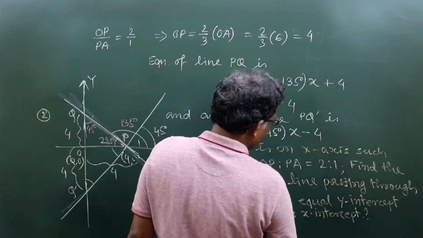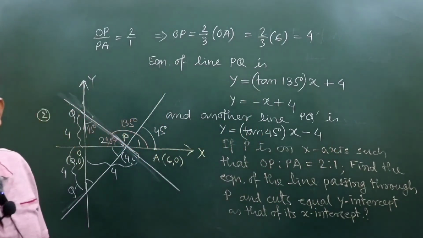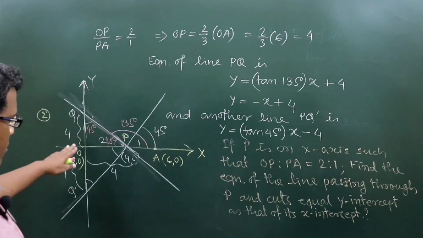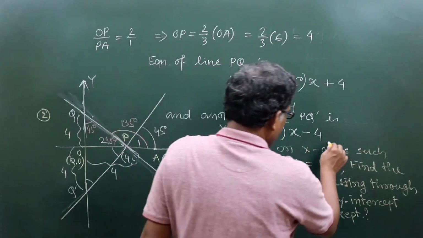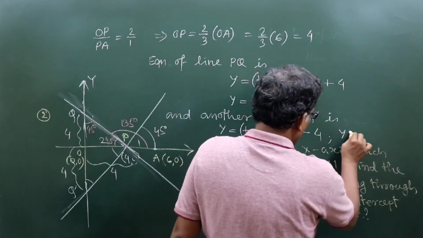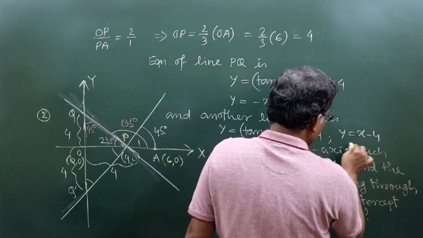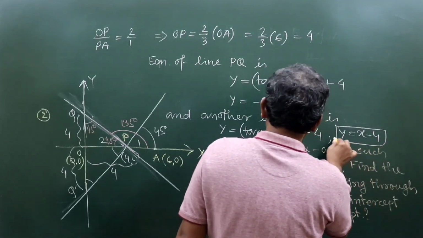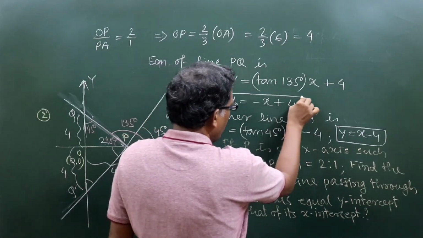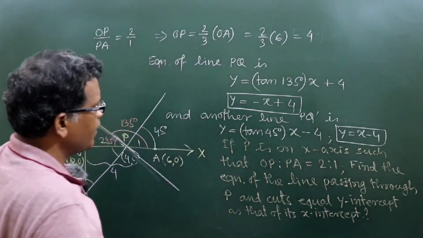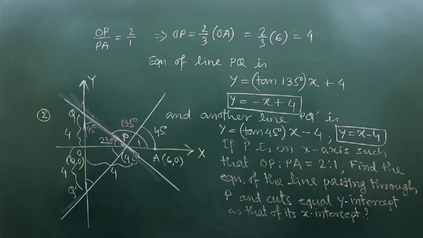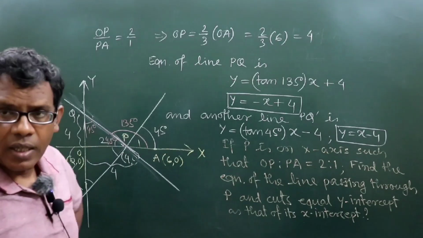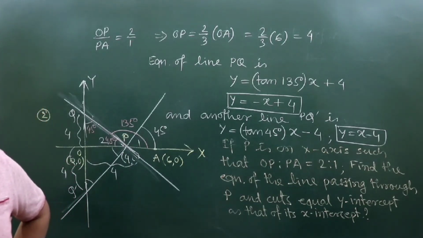This time the y-intercept will be negative, that's why it is minus 4. So the second possible equation is y is equal to x minus 4. So yes, these are the two possible equations of the line passing through P that makes equal x and y intercepts. Are you getting it?